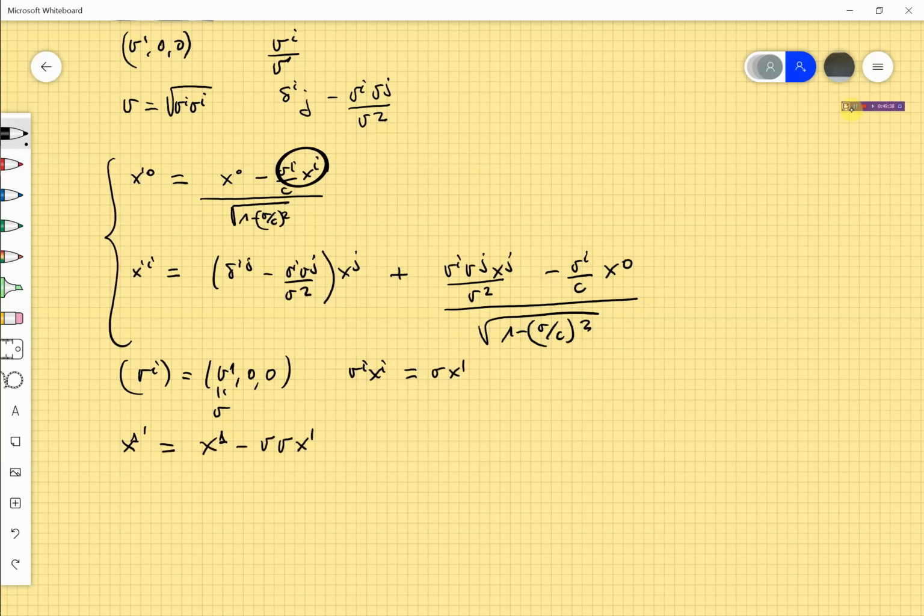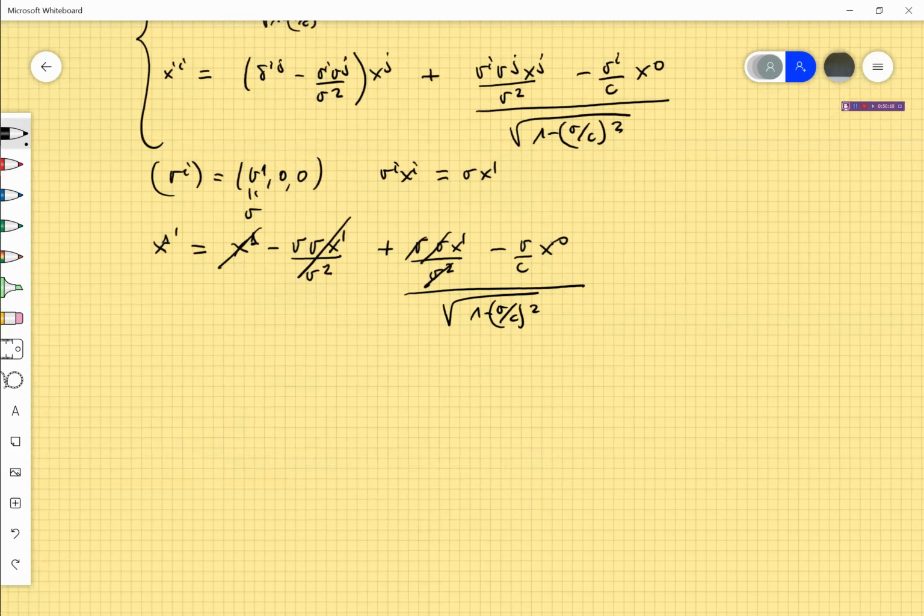And this is divided by v squared, so this is 0. These two terms cancel, plus v1, which is just v, this still gives you again v x1 divided by v squared, minus vi, which in this case is just v, divided by c x0 divided by the square root of 1 minus v divided by c squared.